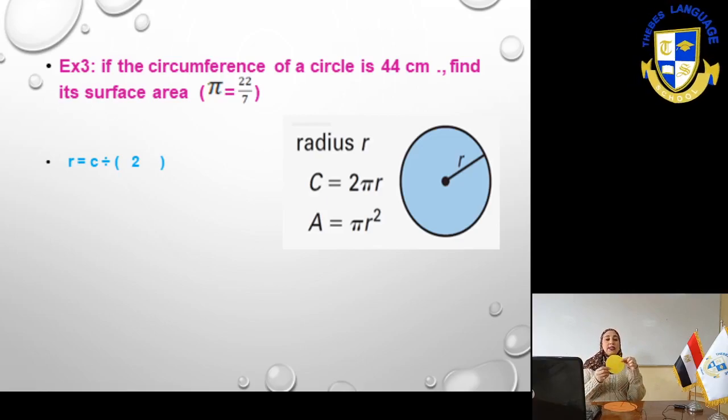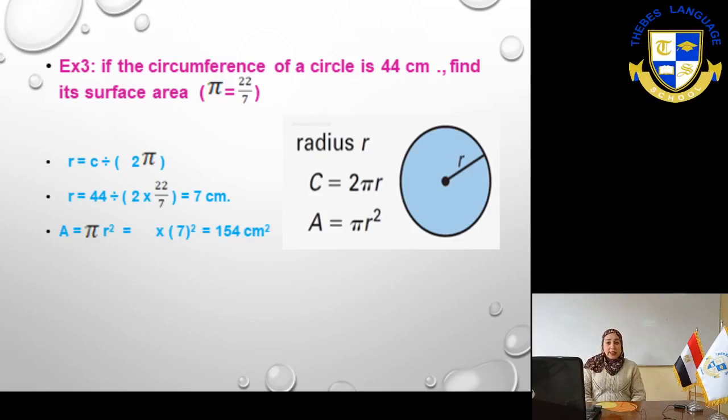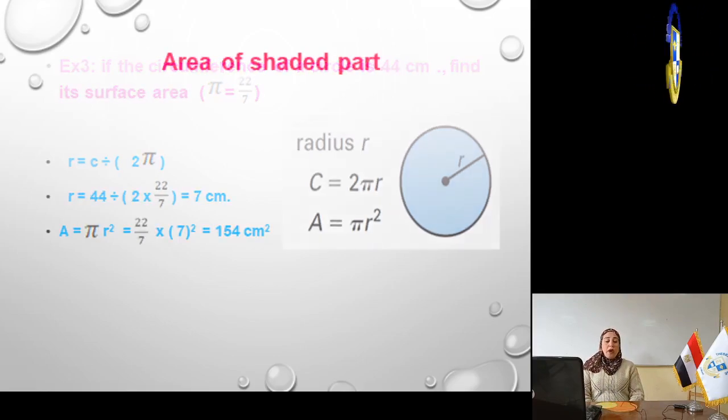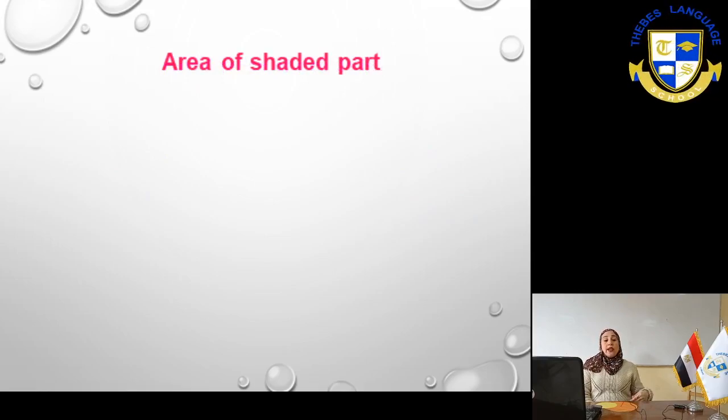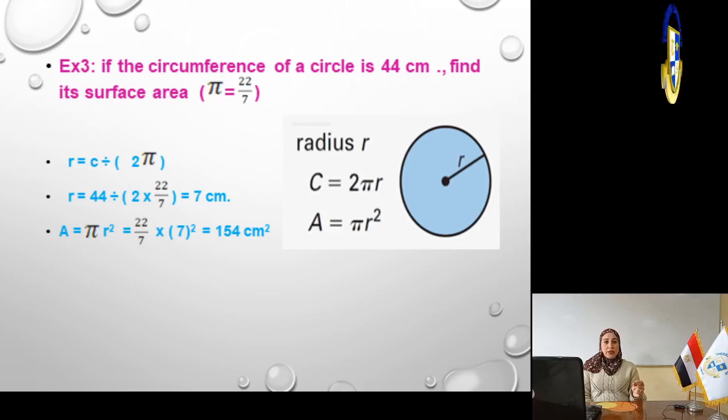How? I'll start by using the rule of the circumference, and after that, I'll go to calculate the area. We said that the circumference equals 2 pi r. So, to calculate the radius, we will say radius equals circumference divided by 2 pi. Okay?